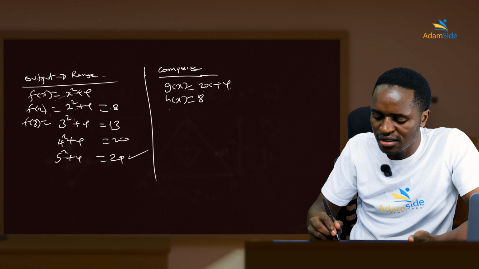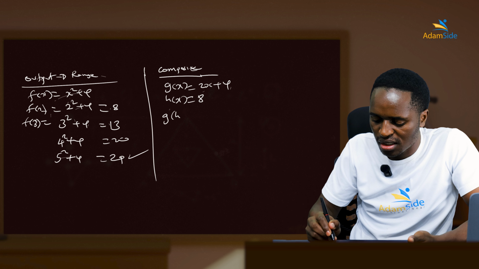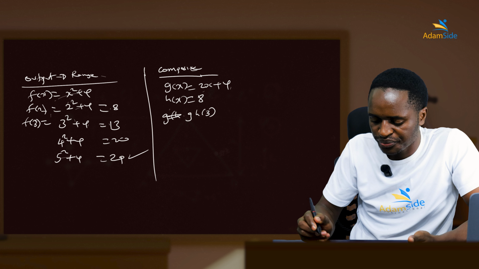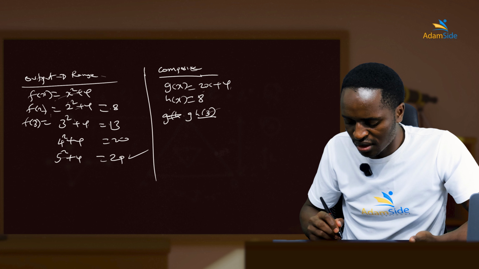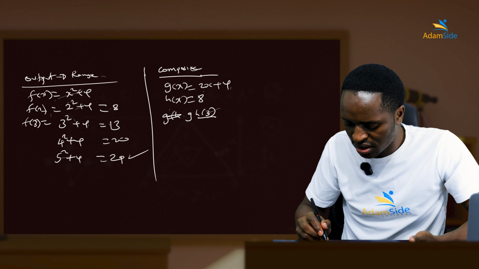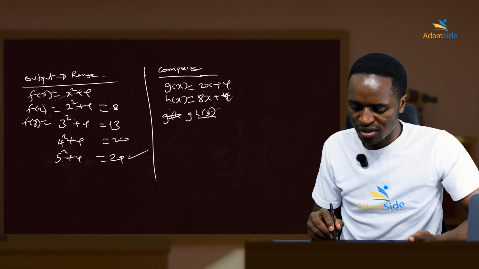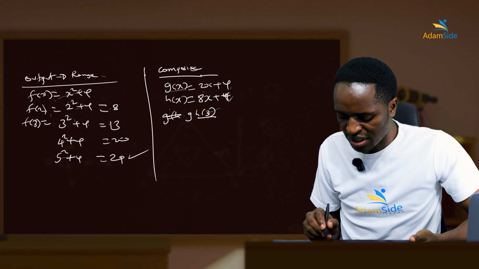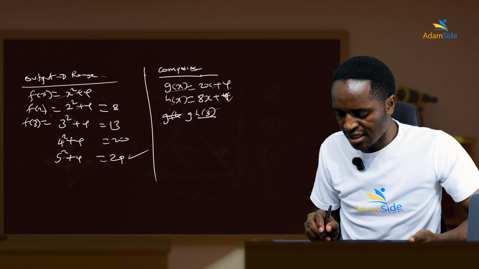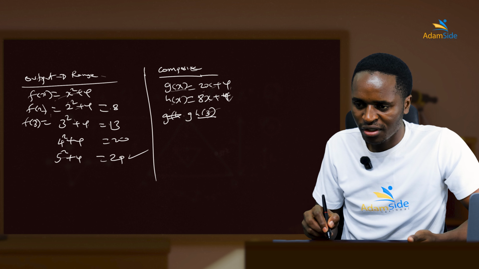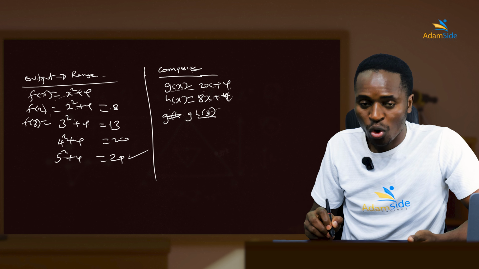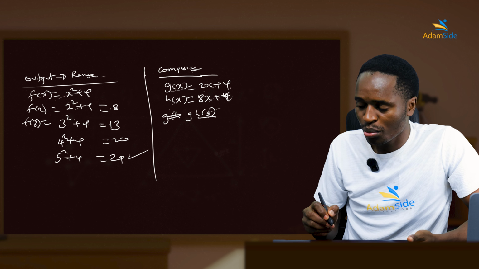When they say solve for gh of 3, what do they mean? So they want to know if you understand composite function.